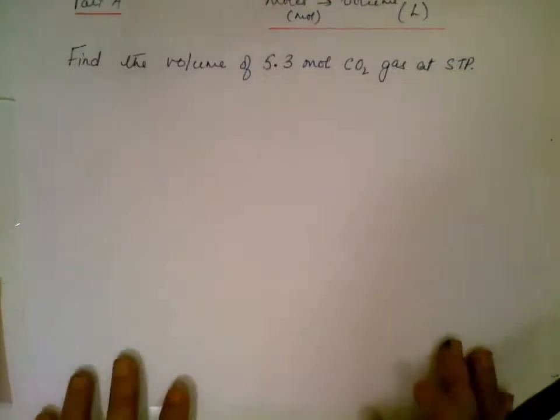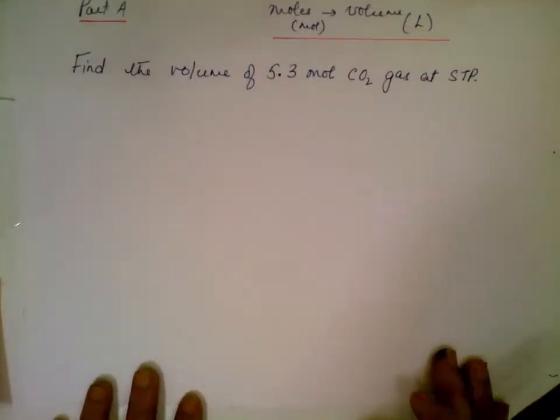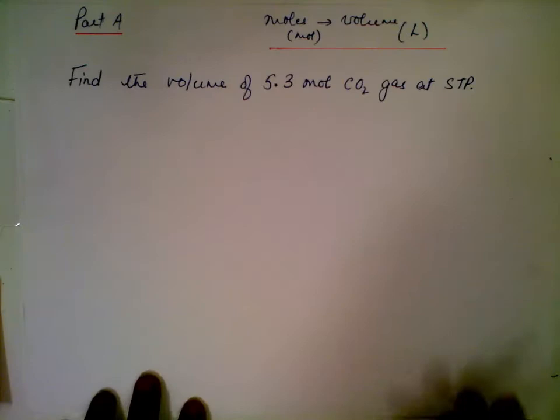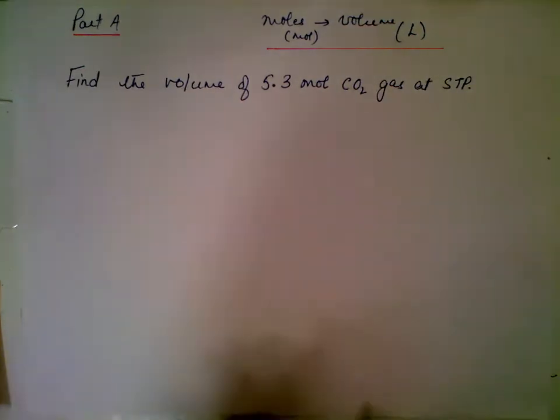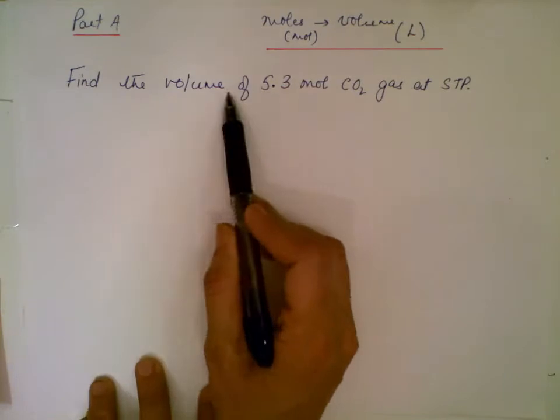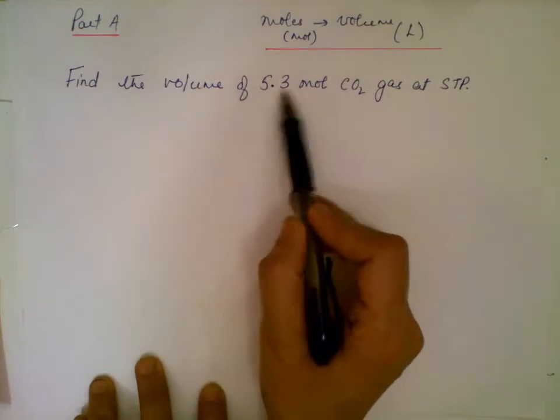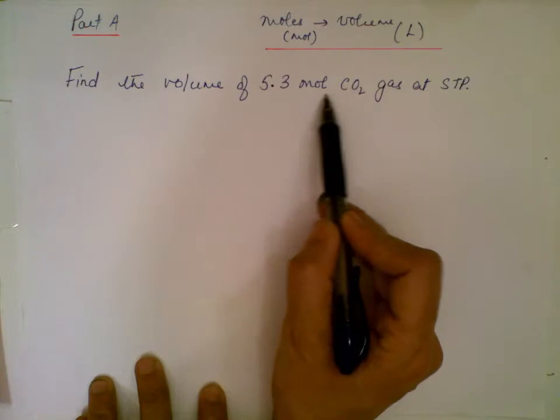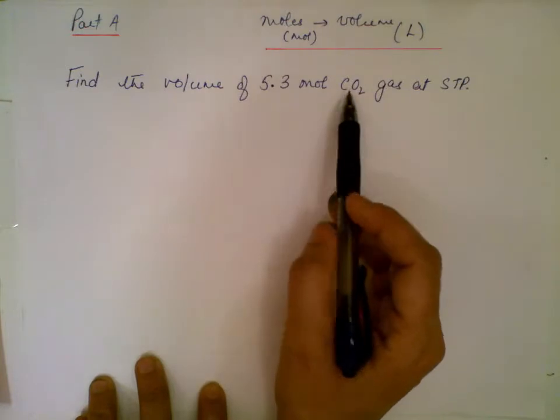Let's understand this with a problem. Find the volume of 5.3 moles of carbon dioxide gas at STP. So in this problem, we are asked how much space, because it says volume, 5.3 moles of carbon dioxide gas will take at STP.